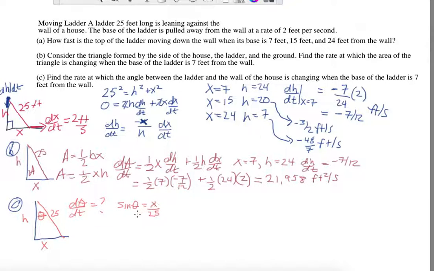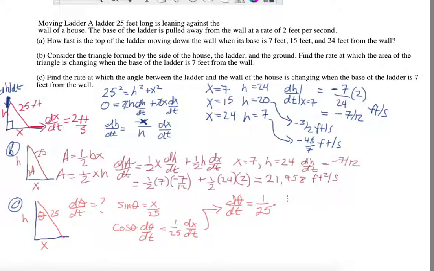Both theta and x change with respect to time, and so we're going to get cosine theta d theta dt from the chain rule equals 1 over 25 dx dt. And so I'm going to solve for d theta dt, and I'll go up here. So d theta dt, that's what we're looking for, is going to be equal to 1 over 25.